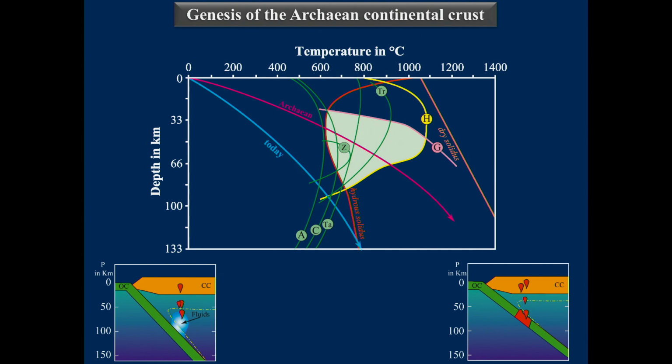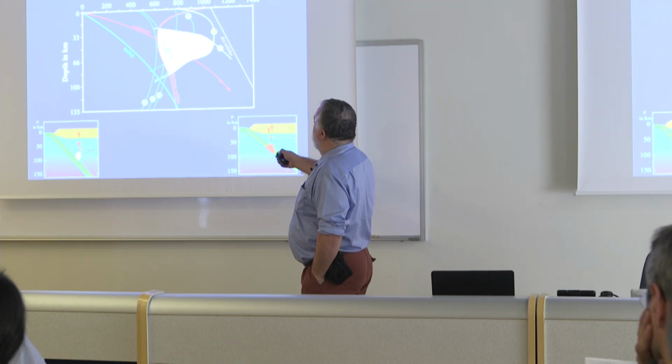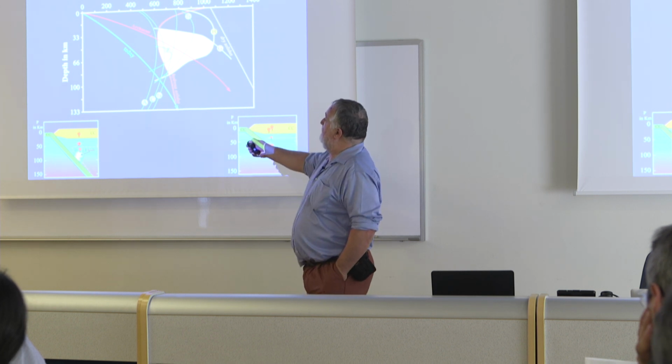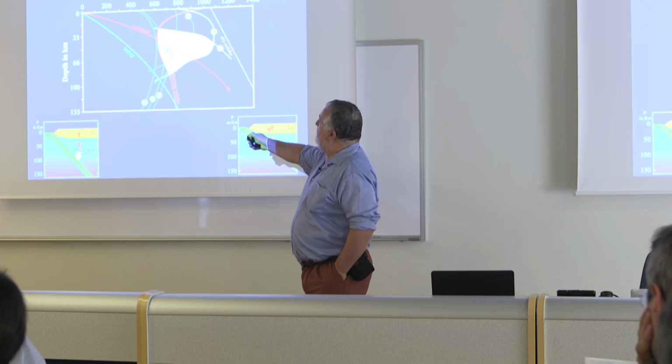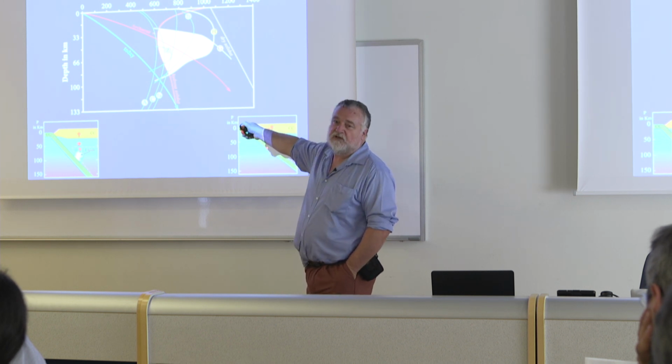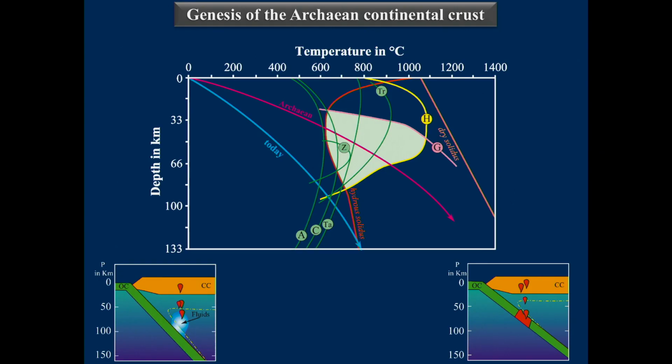So if we follow this geothermal gradient, of course we cut the green domain, but what you see is that dehydration does not take place before, except one reaction, before reaching the temperature of melting of hydrous basalt. That means that when we reach this temperature of 600 or 700 degrees, there is still water in the basalt, and it is able to melt, because the dehydration would have taken place later.